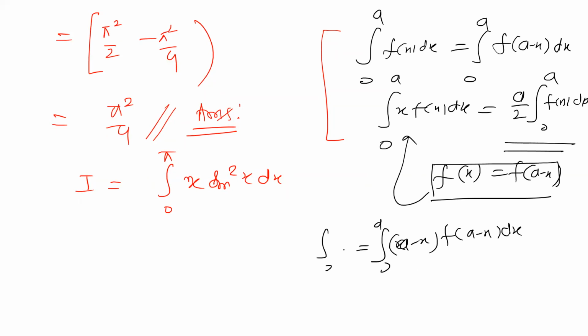This will be equal to 0 to a x fx dx. Then you know that 0 to a f(a minus x) dx will be the same property. You will write here fx, because this property we can use only when fx equals f(a minus x). Then we can use it.